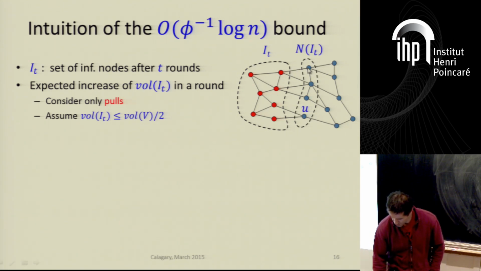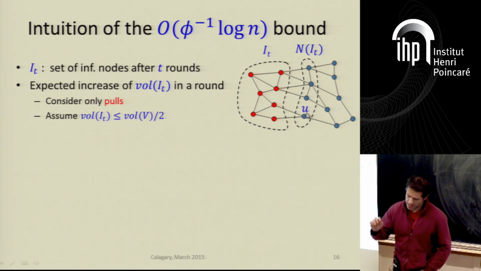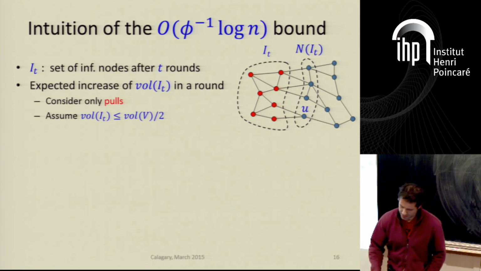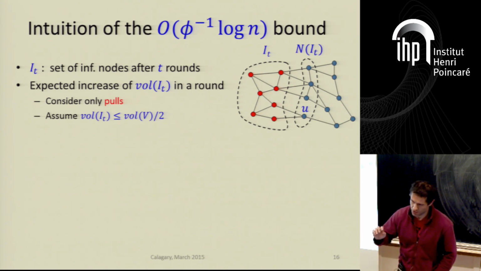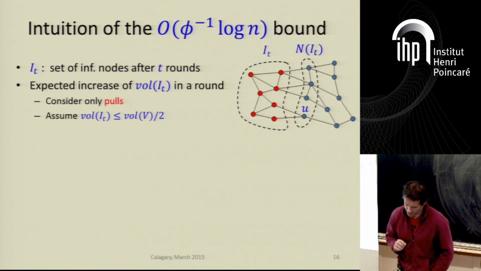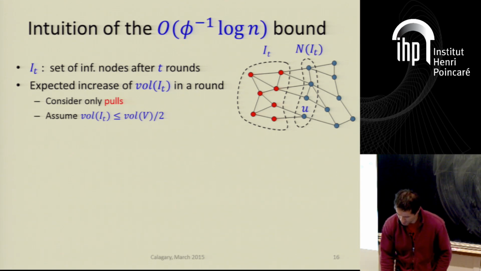I just need to consider these nodes here in the boundary. And for each node, I account for the expected contribution of that node in the increase of the volume of the red nodes in round t plus 1. So in order for node u to get informed in the round, it must pull the rumor from, it must choose one of these two red neighbors.